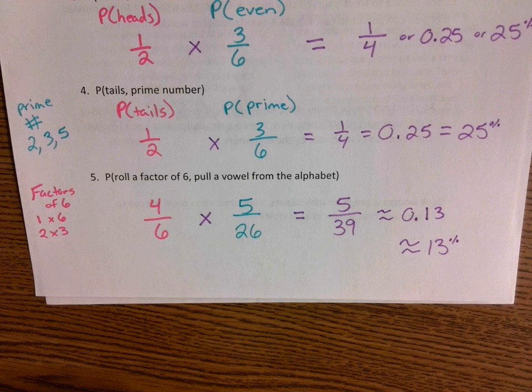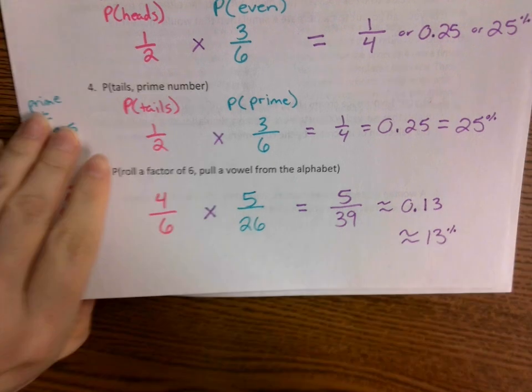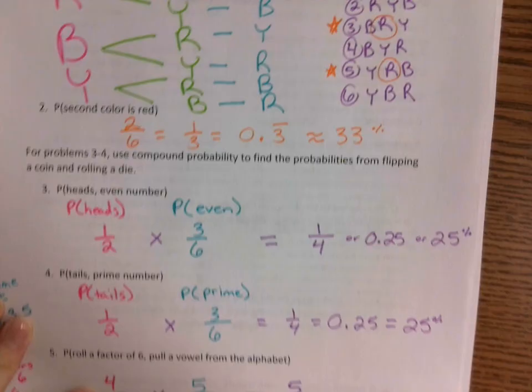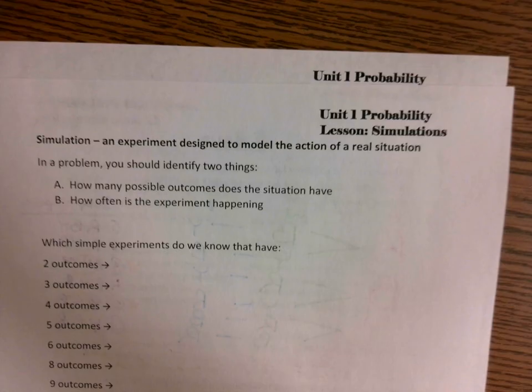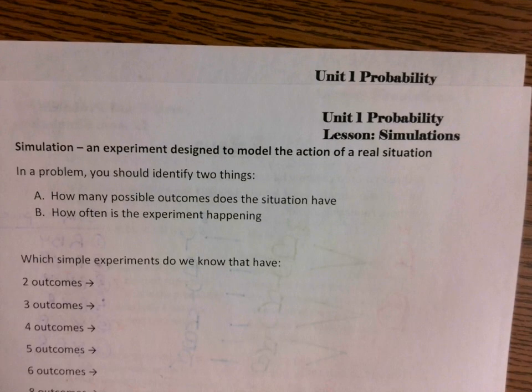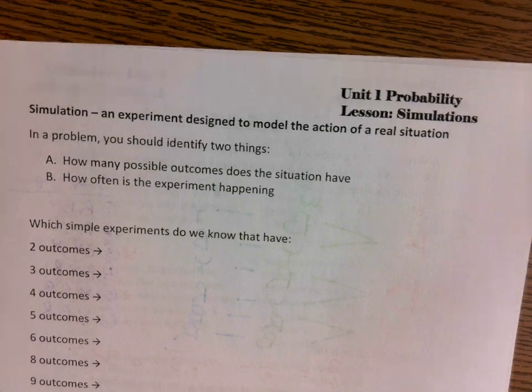Okay, let's go ahead and move on to simulations. What a simulation is, it's just a way to model a probability experiment. So using real-world situations, how can you use these probability experiments to model those situations?